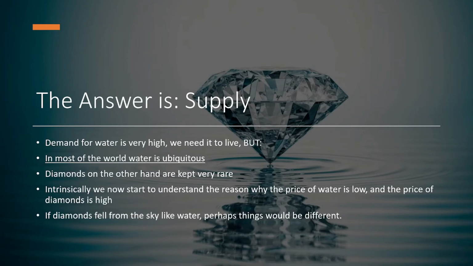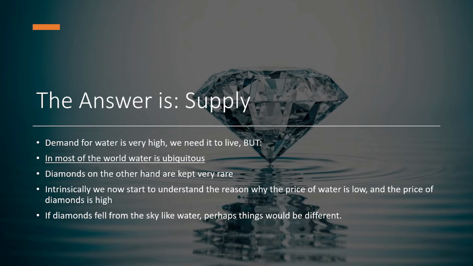Well, the answer is, obviously, well, maybe perhaps not obviously, it's supply. So demand for water is extremely high. Obviously, we understand that intrinsically we need water to live. If we were paying for water, we'd be willing to pay an extremely high price for it because we desperately need it. But in most of the world, water is ubiquitous.